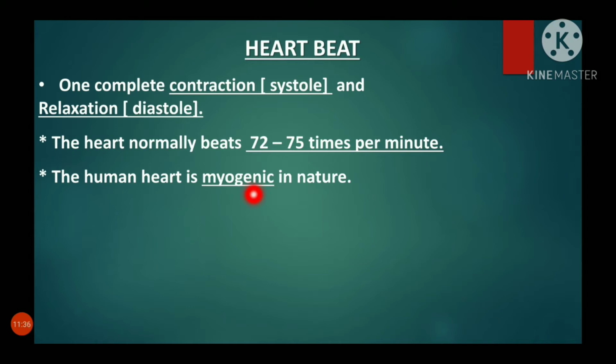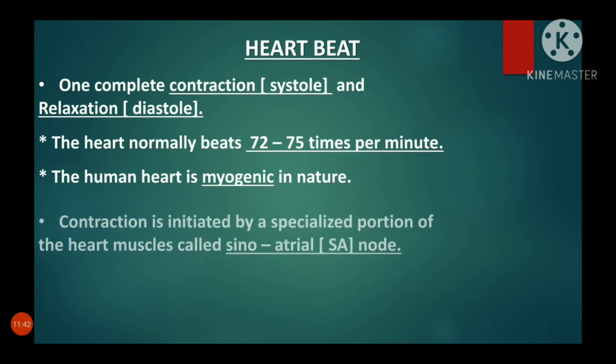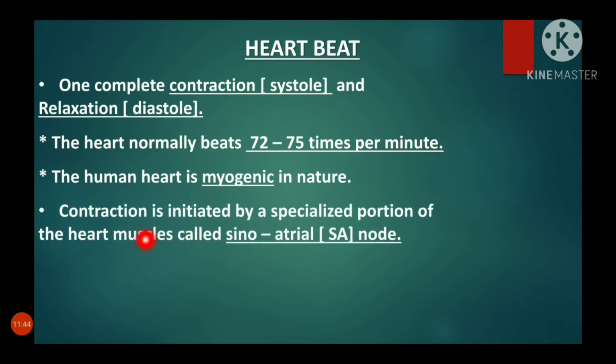Those are special muscles, so it is called myogenic in nature. Contraction means coming together. Contraction is initiated by a specialized portion of the heart muscle called the sinoatrial node.